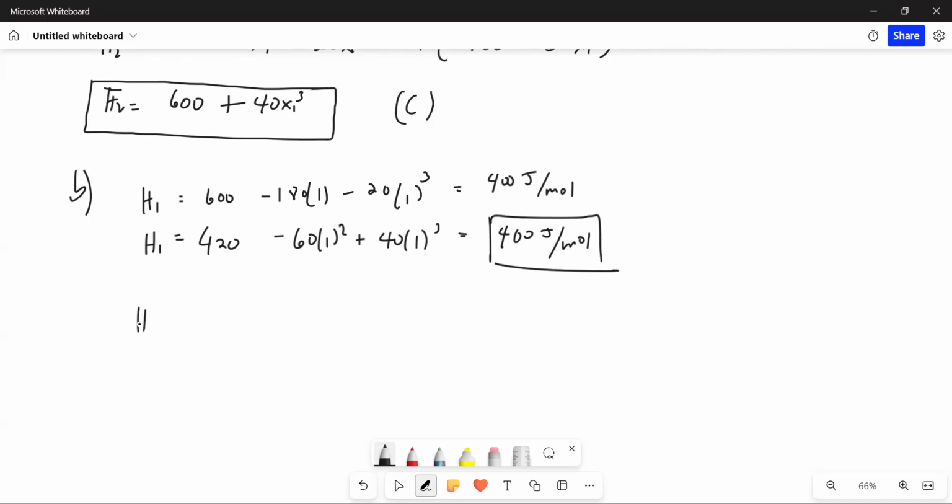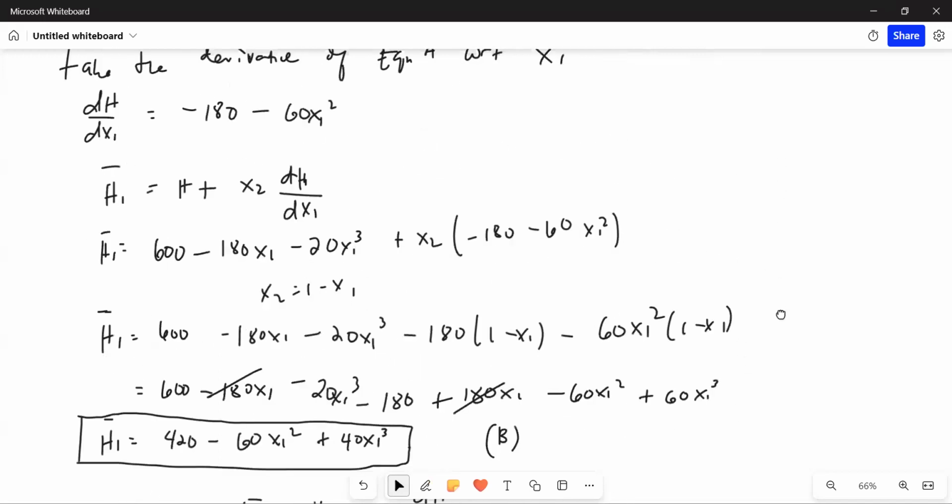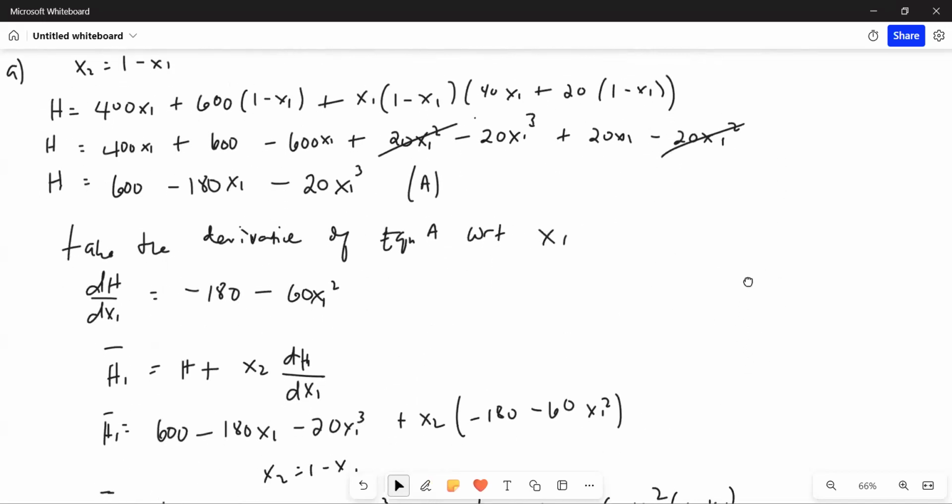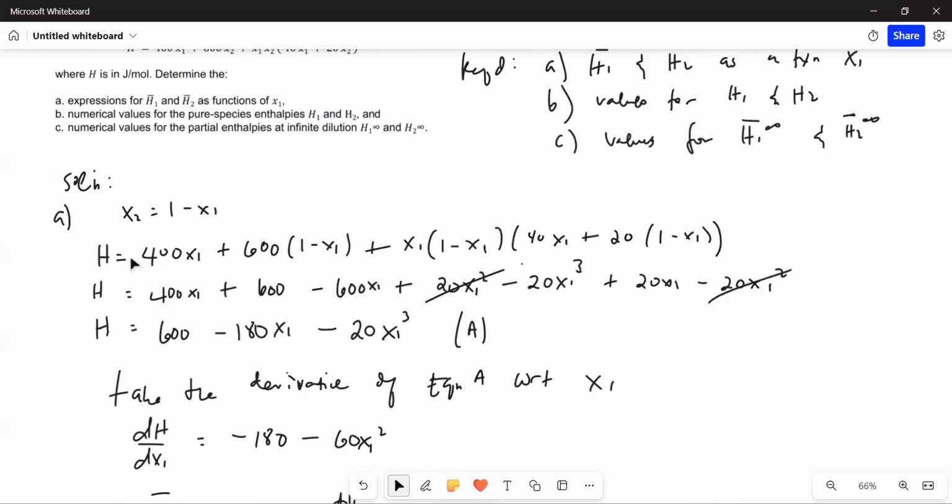For H sub 2, what should X sub 1 be if we're talking about pure species 2? In a binary solution, X sub 1 in that scenario is 0, because it's purely species 2, so X sub 2 is 1 and X sub 1 is 0.